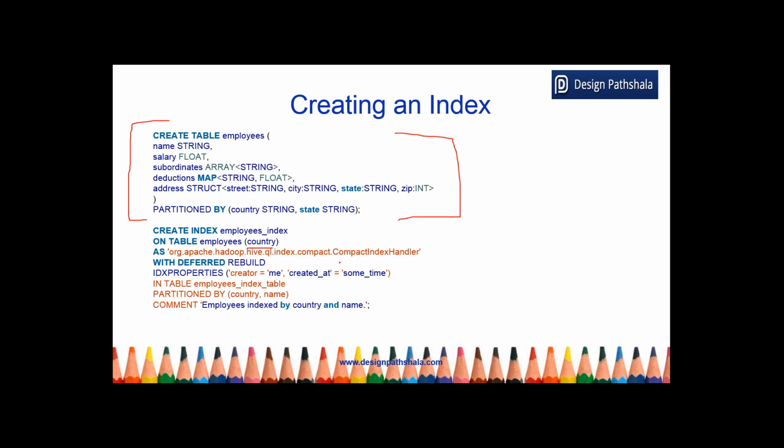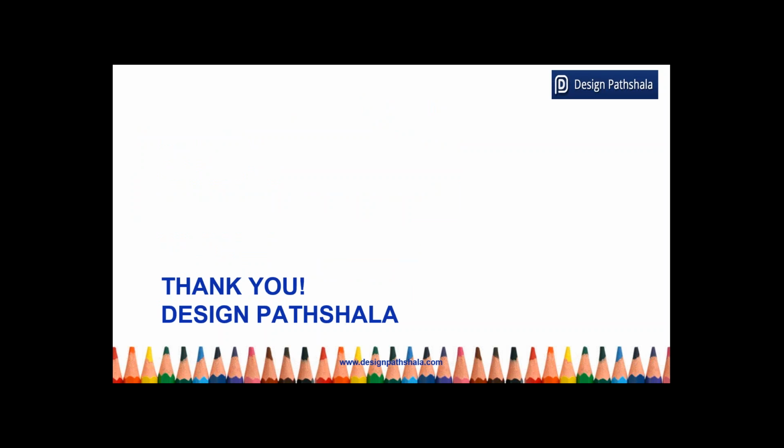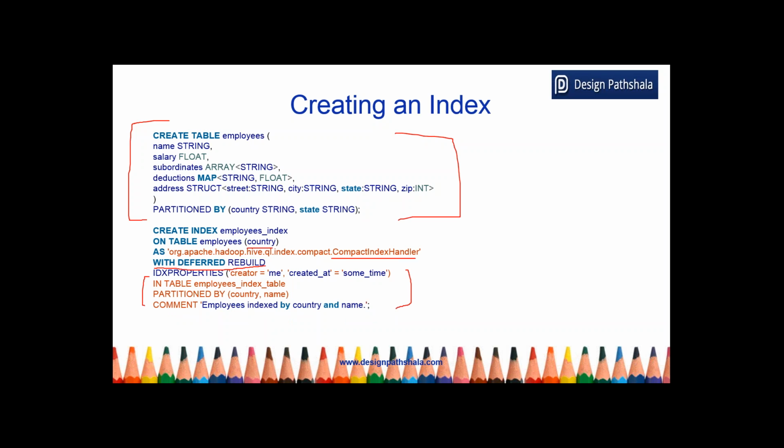This is a Java file which I want to use for the index. With deferred rebuild means that the index will be created when I say so, rather than right now, and some index properties. And how to trigger the index, sorry. Whenever I do a query on this table, my index will be considered if the table is indexed.